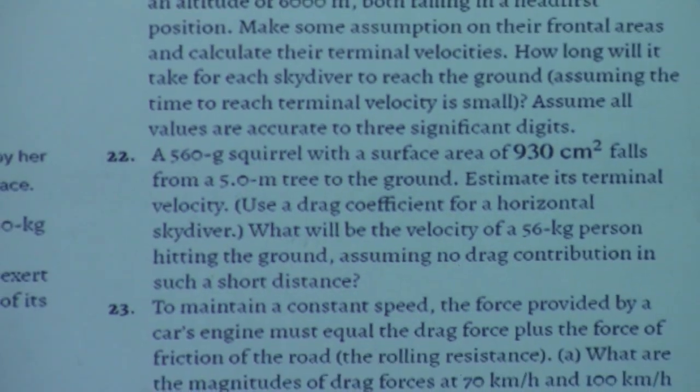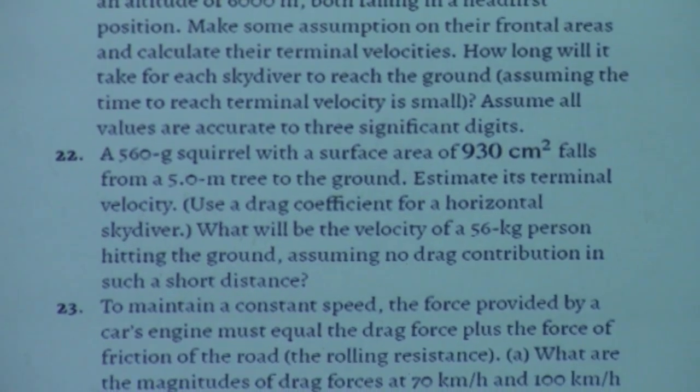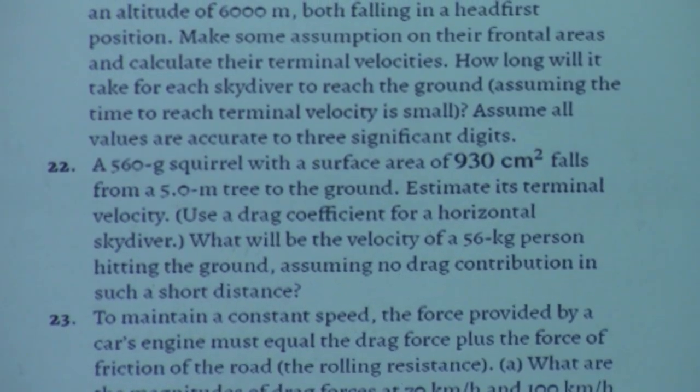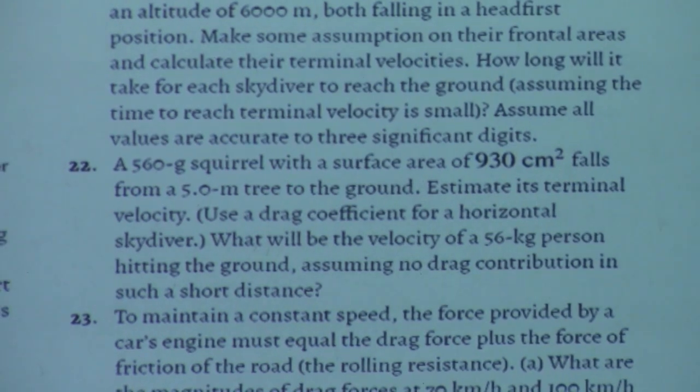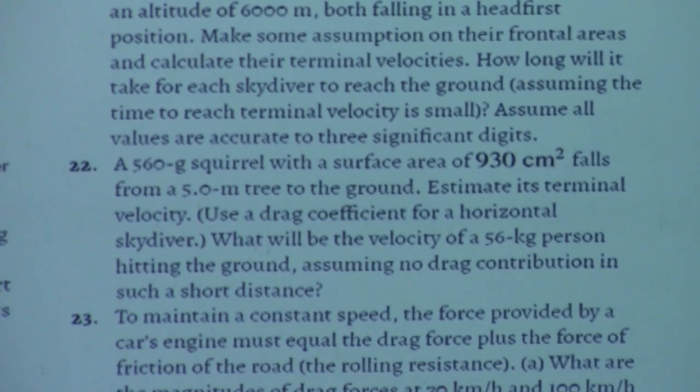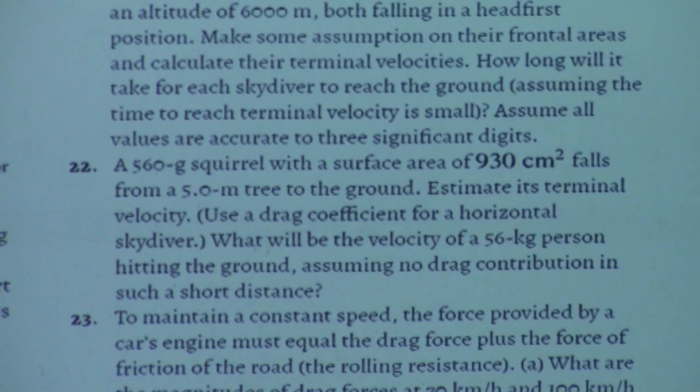22 says we have a 560 gram squirrel. I'm going to stop right there. Forces are measured in what units? Newtons. And a Newton breaks down to a what? Kilogram meter per second squared. So, hoping little warning lights are going off in your head right now when they gave it to you in grams.